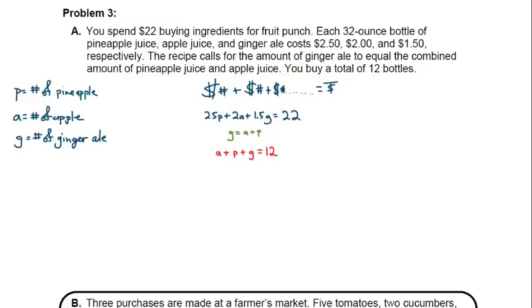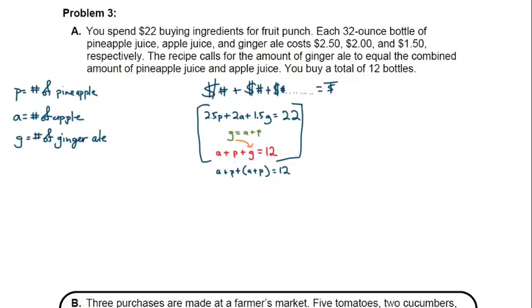Alright, now, when it comes to word problems, certain things may say elimination or substitution. I do not care, because some word problems lend themselves beautifully to substitution. Because you notice, I can just plug this G right there and get rid of it. So, let's do that. A plus P plus, instead of G, I'm going to put what G is, which is A plus P, equals 12.